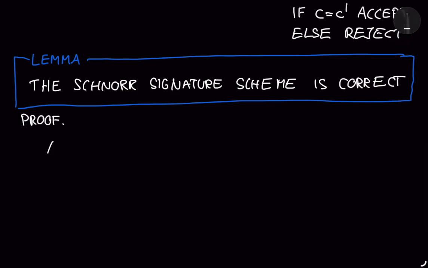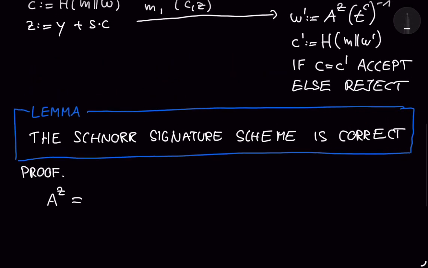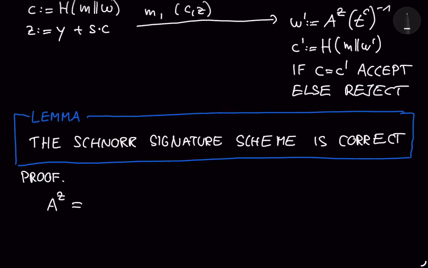Let's start with A to the power of Z. A to the power of Z can be restated by putting in the Z value, which is Y plus SC. This was in the signature generation part.